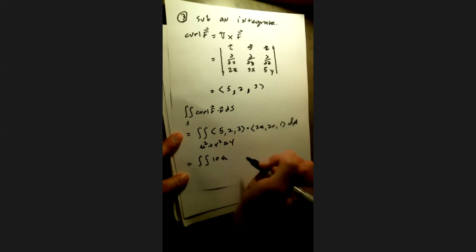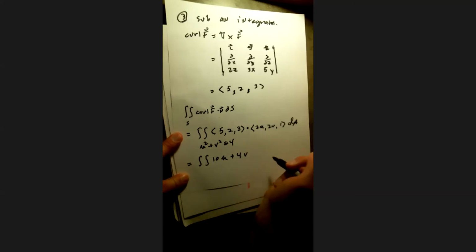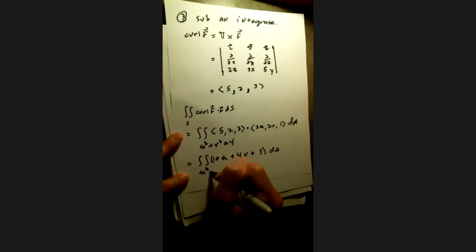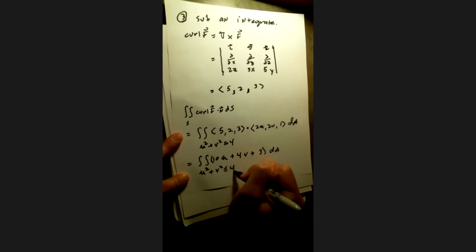So 10u plus 4v plus 3 dA, u squared plus v squared less than or equal to 4.